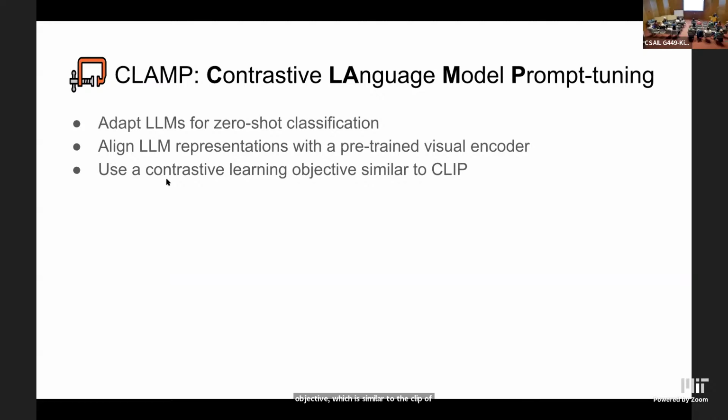If you're not familiar with CLIP, you have image and caption pairs, and you take a positive pair, which means an image with the corresponding caption, and you feed that into the model, and you compute their similarity in the embedding spaces, and you try to make them more similar than a negative pair, which is an image paired with a caption from a different image in that batch, which is assumed to be a non-matching caption. So it's a contrastive objective, different from the generative pre-training that LLaVA, for example, uses.